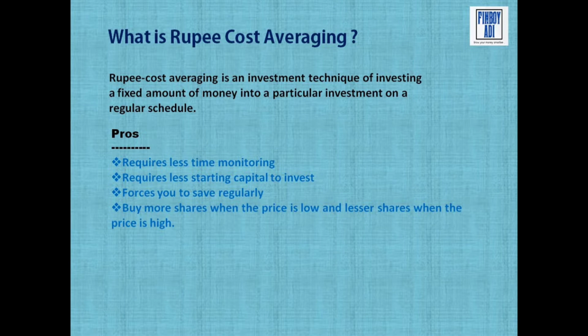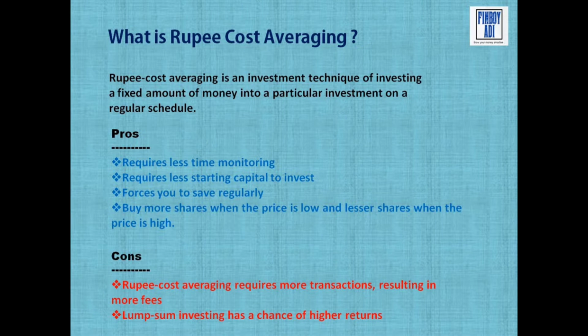But if you see, there are some cons. So what are the cons? Let's understand that one. As it is an SIP, each time you have to pay fees, any transaction fees or tax and all those things. In comparison, lump sum is a one-time investment, but this is a recurring investment, so you get charged on every transaction.